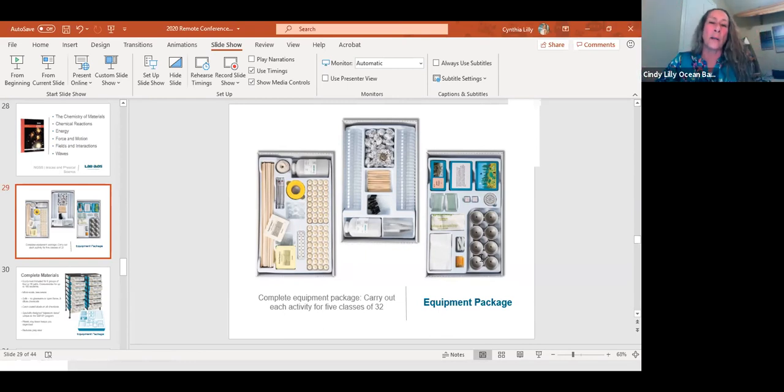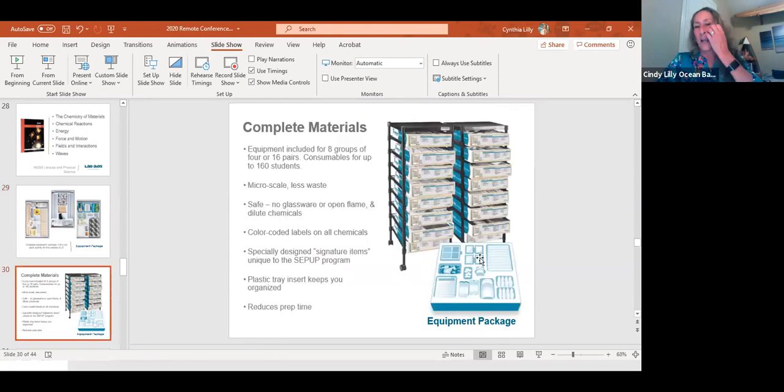What I love is when I started teaching 7th grade and they gave me these kits, I felt like I died and went to science heaven, because everything is included in the kits. They even have little drawers that keep them all safe. Everything's color coded, and everything's in my kit. So I just pull out a drawer and I start to teach.